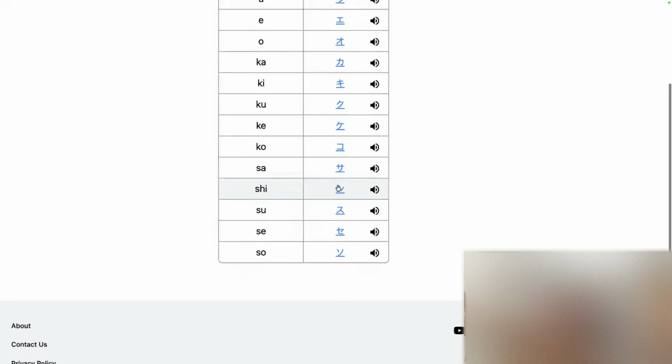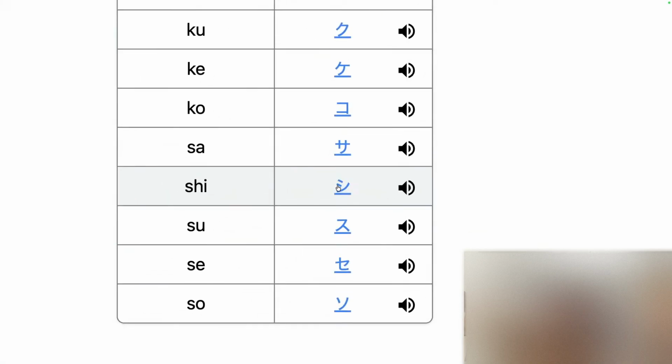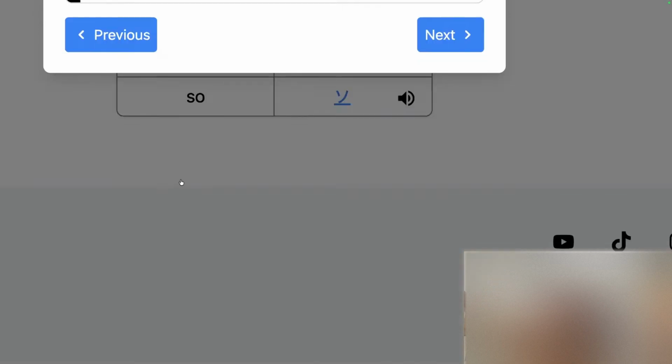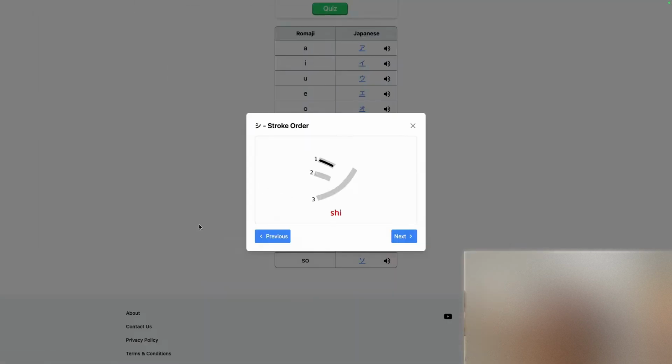In the Japanese writing system, they kind of insist that you write the characters in a specific order. For example, this is a bit of a side note. Sorry, let me zoom out a little bit. If you were to write this character first and then this one and this one, I believe it's not efficient and it makes your handwriting not look as good. Apparently Japanese native speakers, like teachers, can tell when their students don't write in the correct stroke order.